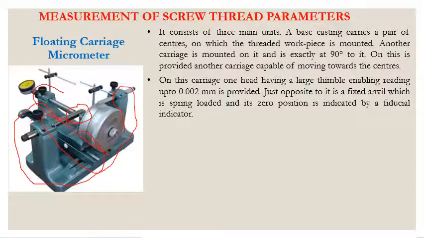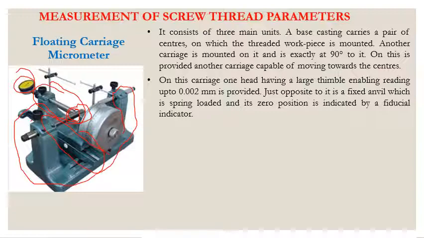This fixed anvil has a spring loaded dial gauge, and its zero position is indicated by this dial indicator. Here there is a spring loaded system or spring loaded plunger.